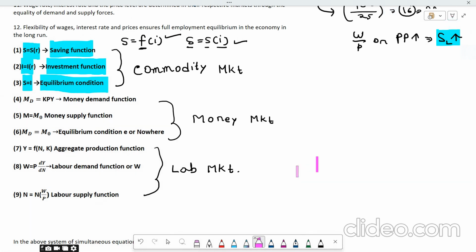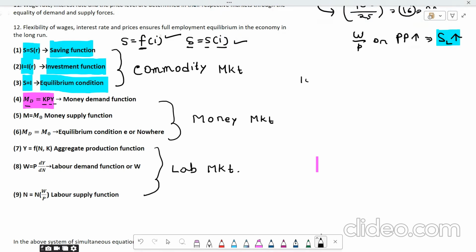Next comes the money demand function. Money demand is basically a function of income and prices. So money demand is written as K into P into Y, where Y is the income, P is the price level, and K is the proportion of income that we are willing to keep in our pockets for precautionary and transactionary spending.